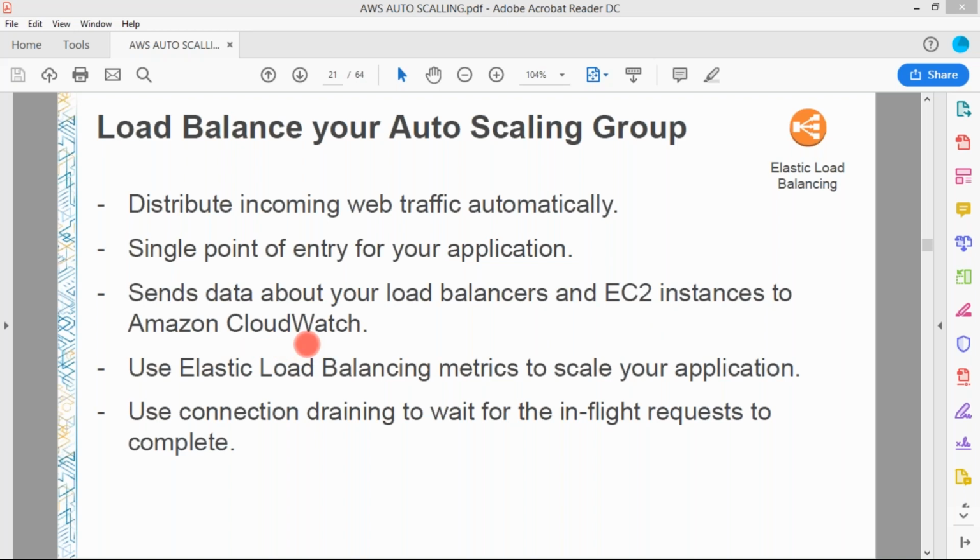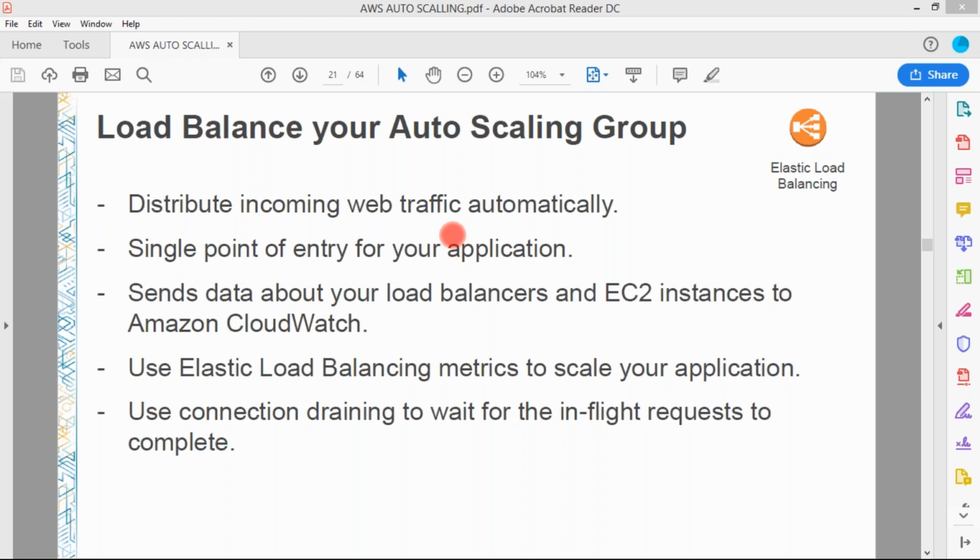Suppose the CPU utilization goes high, or the memory goes very high, what needs to be done from the auto scaling group? It can increase the number of instances, or it can also send SNS messages as alarms to the cloud administrator, and then the administrator can take some troubleshooting steps.